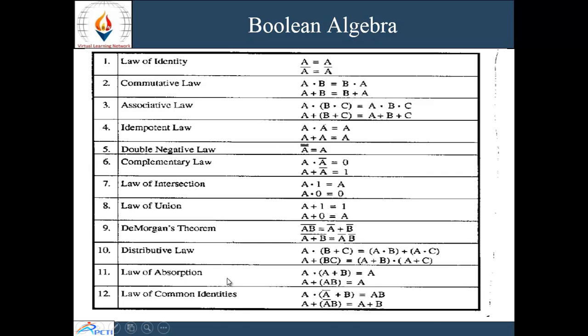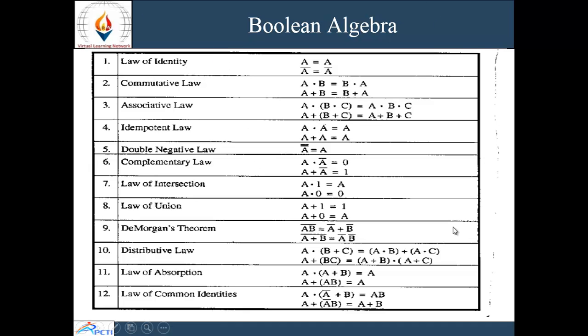Next is law of absorption, that is A into (A plus B). If you perform A into (A plus B), then it will always equal A, and similarly A plus A into B will always be equal to A. And law of common identities, A into (A complement plus B) is equal to A B, and A plus A complement B is equal to A plus B. This is the law of common identities.